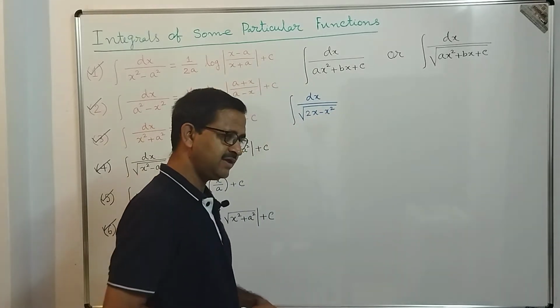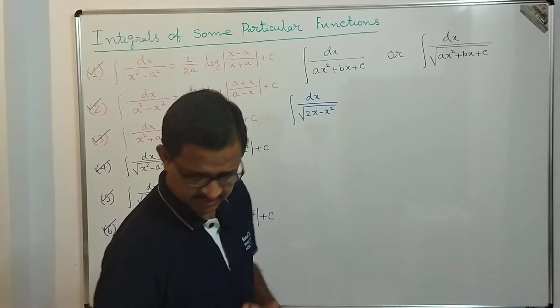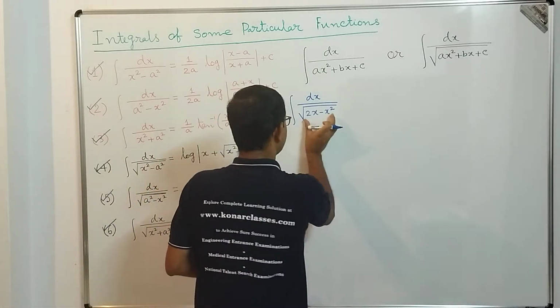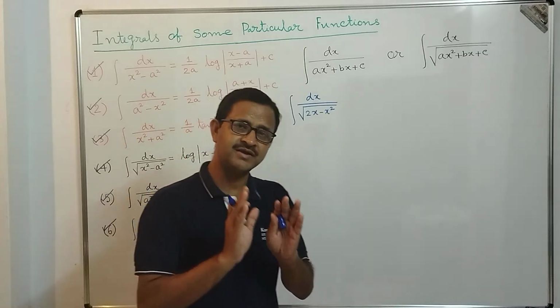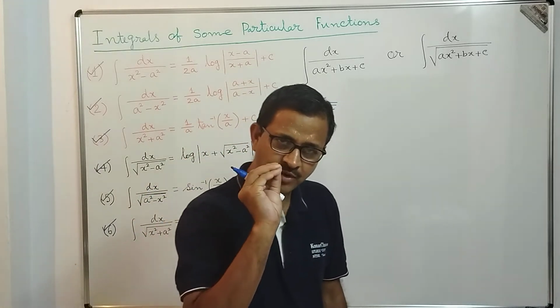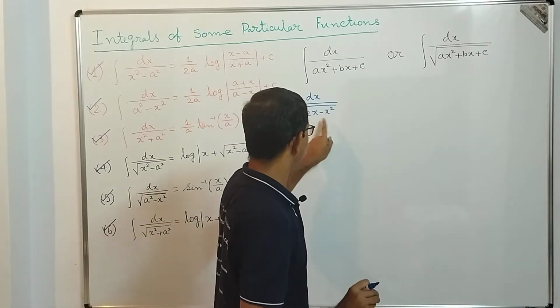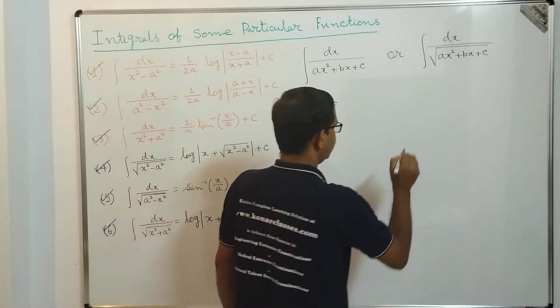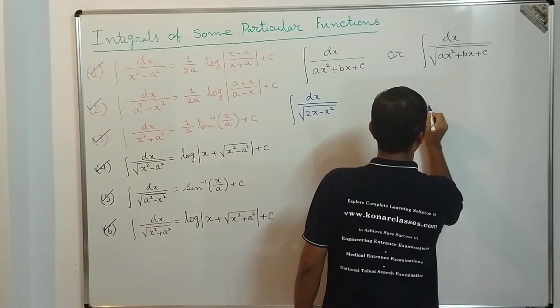Whatever you see inside the square root, the question is correct. So it is a quadratic expression. What will be our target? Our target will be to work on that quadratic expression 2x minus x square. So let's work on it here.